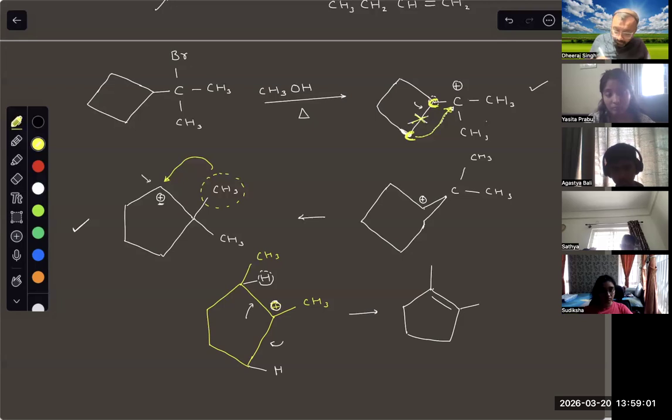So for that carbon, it has lost one electron, the positive charge. Then this is a 2-degree carbocation. And if you shift methyl, you'll get a 3-degree carbocation. And hence this product.